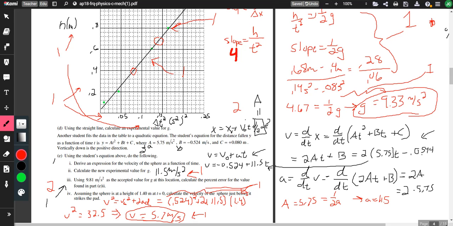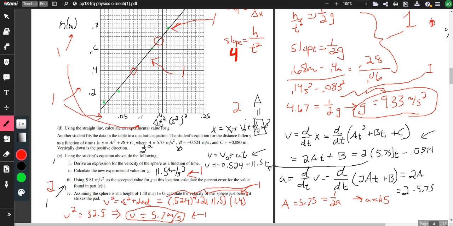If you instead had used the route that I mentioned before of finding the time using the position equation, you would have gotten a point for finding the time, and then the second point would have been for plugging it into this velocity equation. And the third route would have been to use conservation of energy.